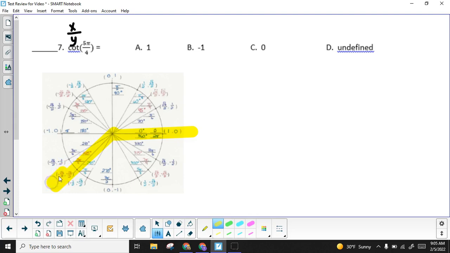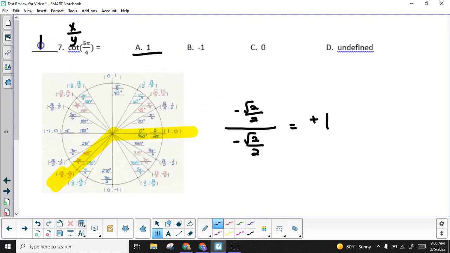Our x coordinate is -root 2 over 2, and our y coordinate is -root 2 over 2. And when we're doing x over y, that is -root 2 over 2 divided by -root 2 over 2. Anything divided by itself is 1. Negative divided by negative makes a positive 1 for our cotangent value. And so we would choose A for number 7.